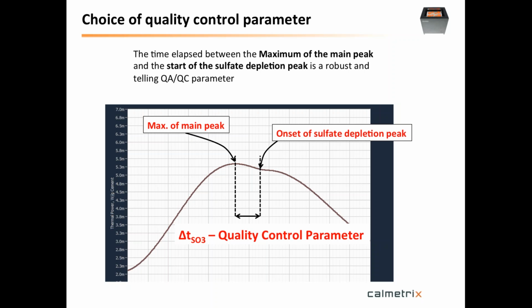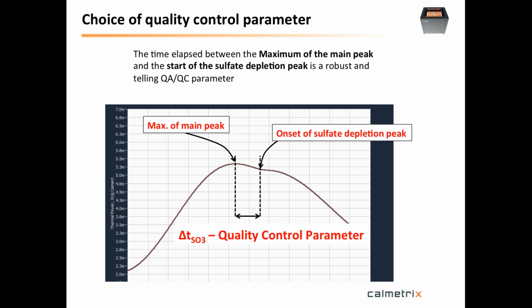This is indicative of whether there was enough sulfate in there to get the strength reaction, the strength build in the alite and belite, to get it all the way through so the strength builds nicely. And this is a good criterion to look at for consistency, because any deviation will be very quickly seen in the difference between those two peaks.